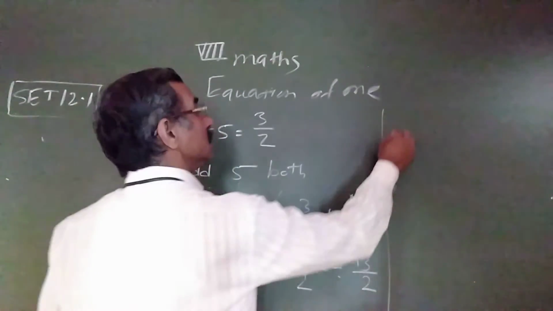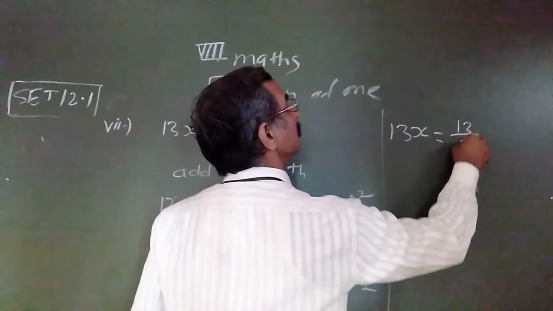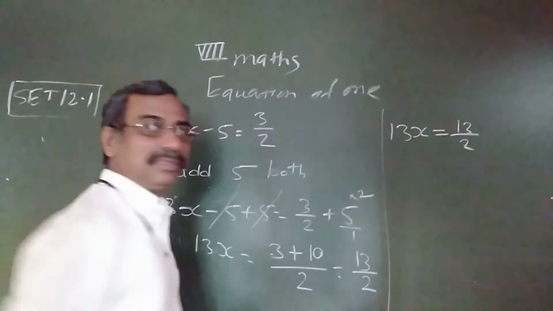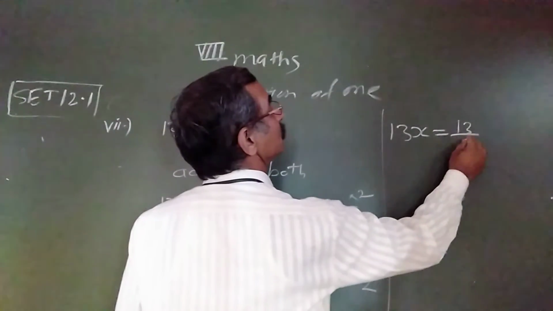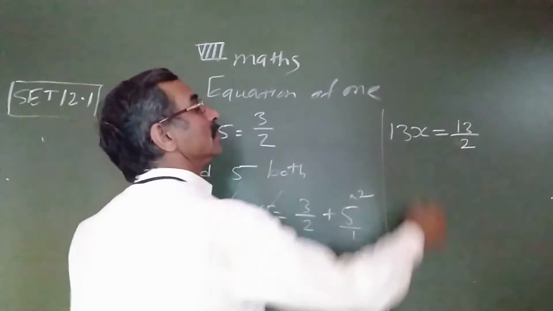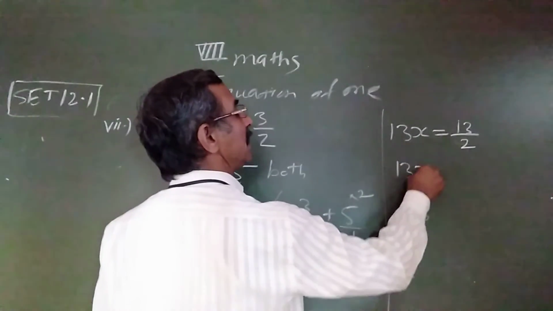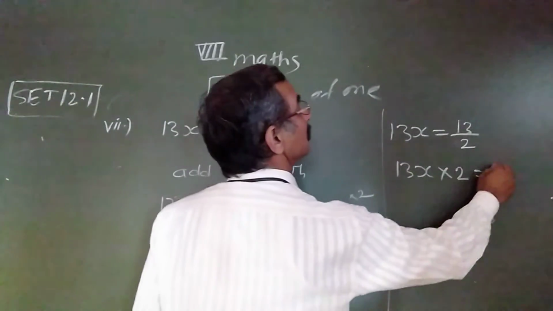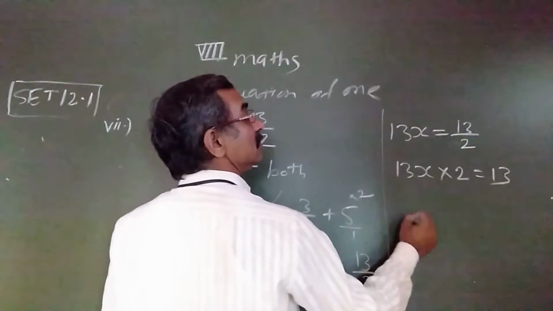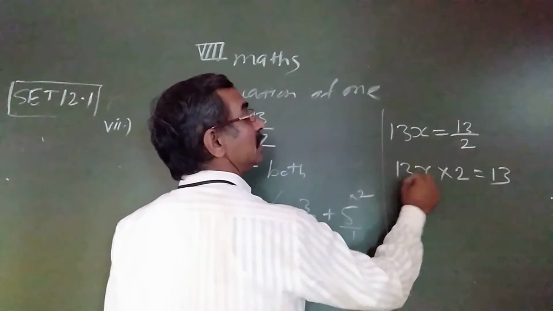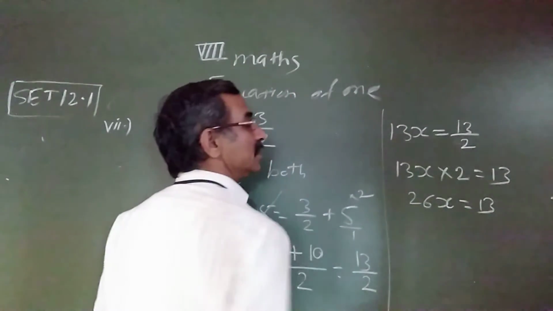Therefore we get 13x is equal to 13 upon 2. Here this 2 comes on this side, so it gets multiplied: 13x is equal to 13 into 2, that is 26. So 26x is equal to 13.